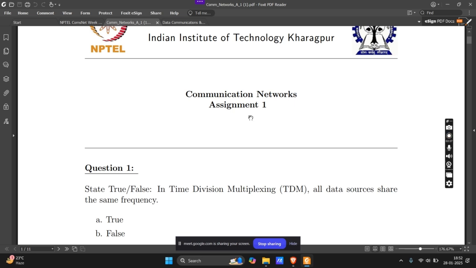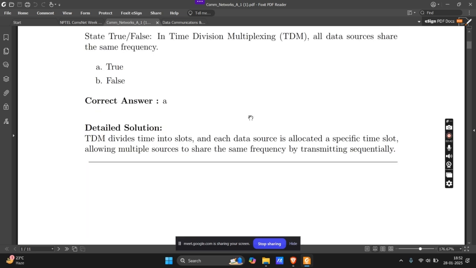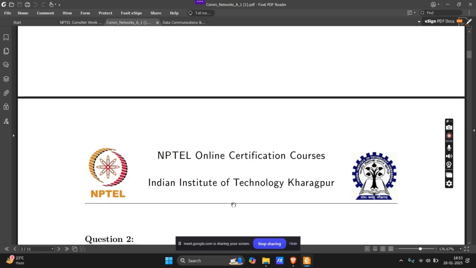If we are at the mess, taking food, someone will take food, and after that guy finishes, another guy will take food. This is natural queuing. So TDM divides time into slots, and each data source is allocated a specific time slot, allowing multiple sources to share the same frequency. So they can share the entire bandwidth.